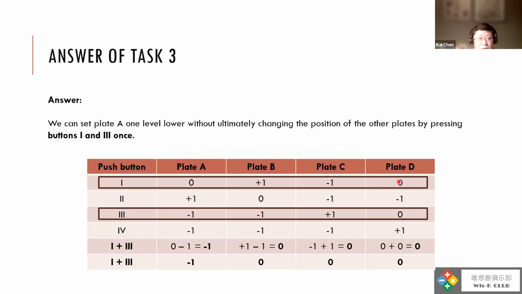So that is the answer for task 3. Basically, we make a combination of buttons 1 and 3. So 1 plus 3 is here 0 minus 1 is minus 1, plus 1 minus 1 is 0. Here is minus 1 plus 1, 0, and 0 plus 0 is 0.